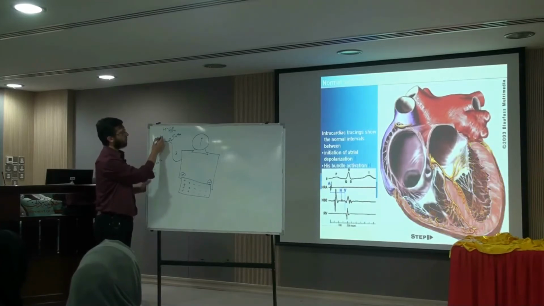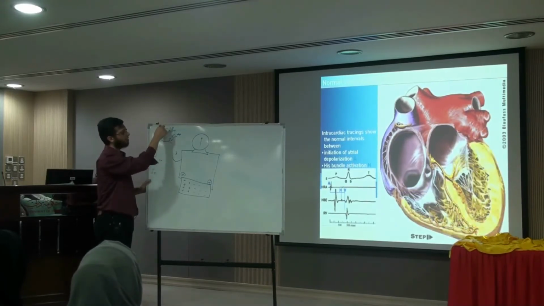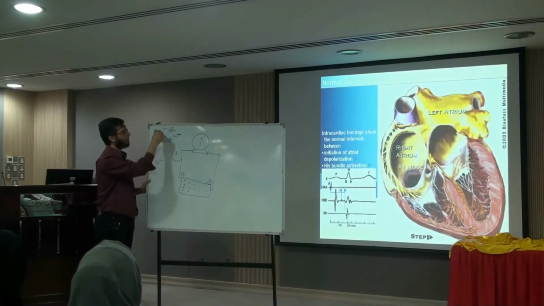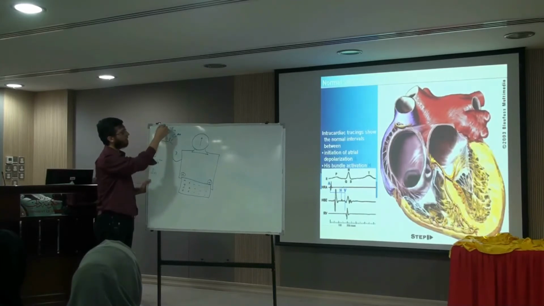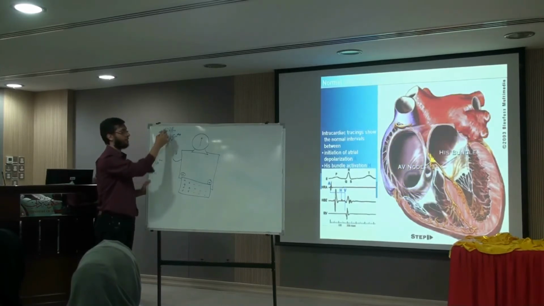Anyways, after the sodium goes in, the sodium channels get closed. Then potassium starts diffusing out of the cell. So now you're moving from negative to positive. Now again the positive started leaking out of the cell, efflux.